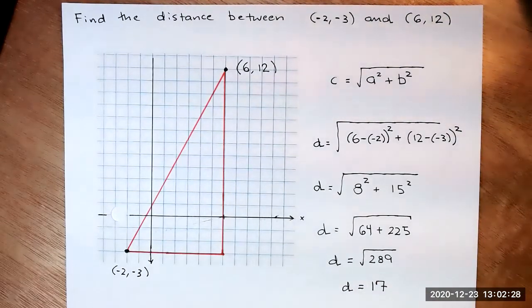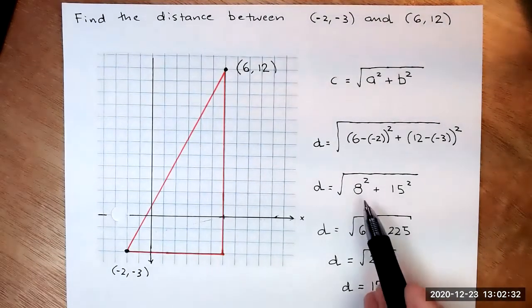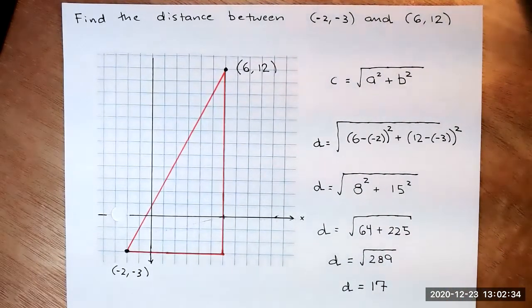And you're probably freaking out right now thinking, oh, this is another Pythagorean triple, 8, 15, and 17.